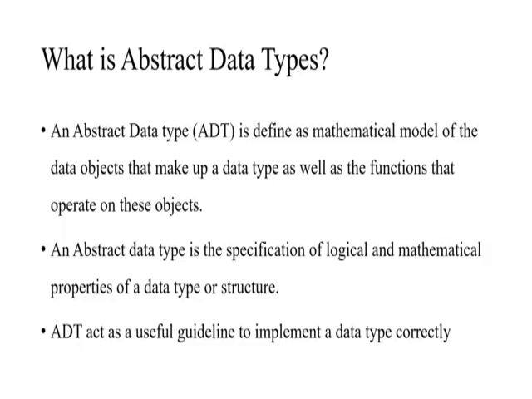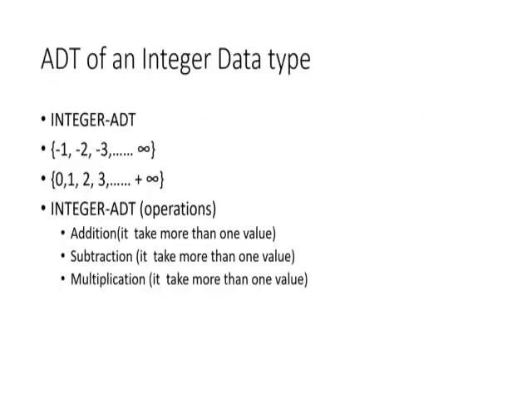Let's take an example. Let's see the example of the integer data type which is available in C programming. Here we name it integer ADT. Before going for implementation of the integer data type, we just look at the abstract view of the integer data type. So what is the abstract view?